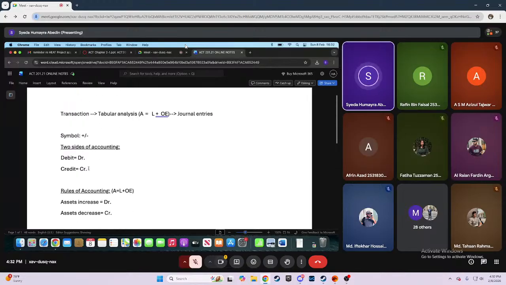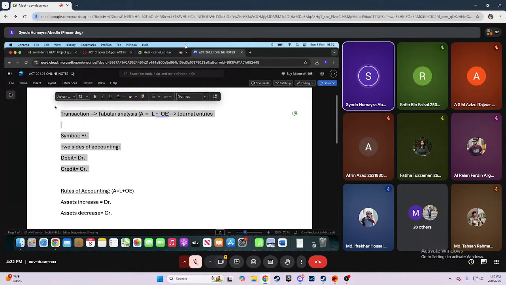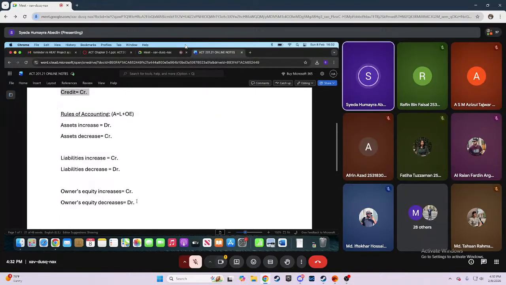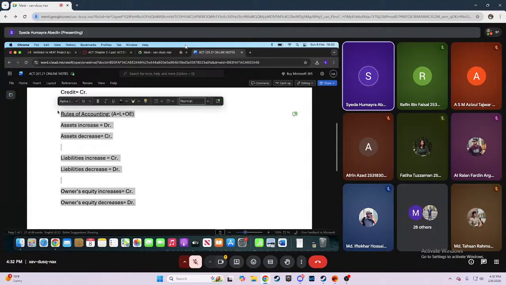You don't need these notes now, because later I will of course upload these notes online on Canvas, but I do want you guys to have the rules of accounting written in your copy, because as we go along, not just in an online class later, when we do a lot of exercises together, I want these rules to be in your copy. Okay, so please copy these down, and the rest of course we can discuss after some time.